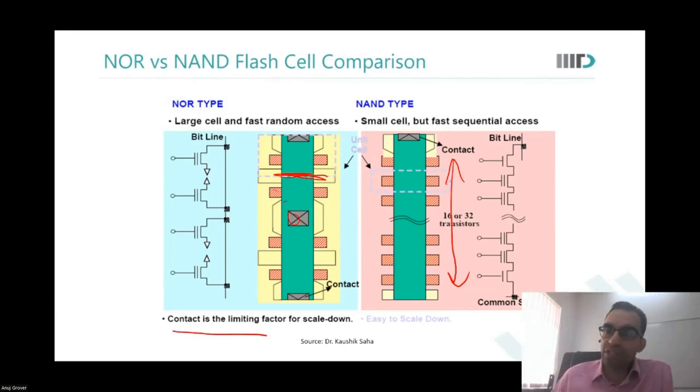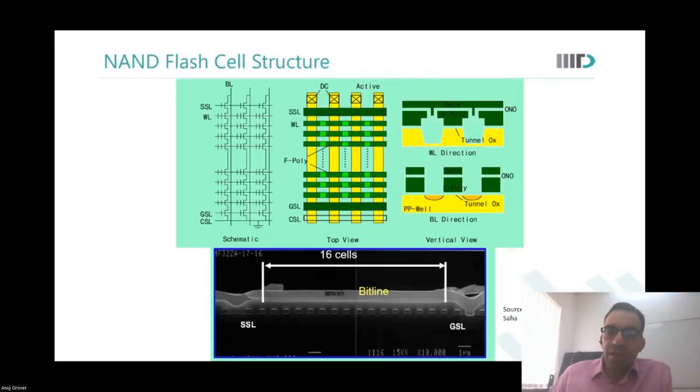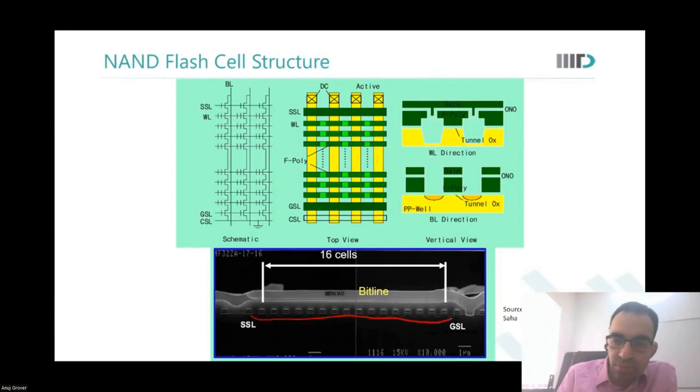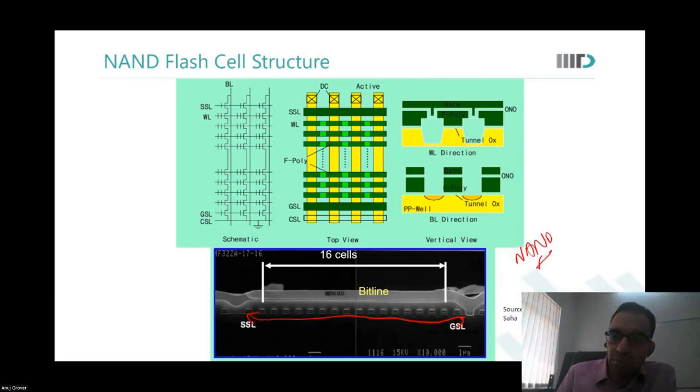NAND flash can actually scale down at the same pace as the poly to poly spacing scales down. At least that was what the initial thought was. And this is how your NAND flash is denser.